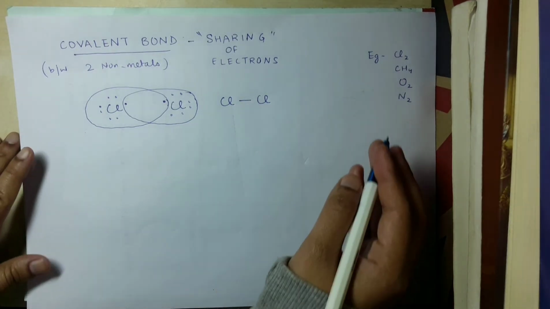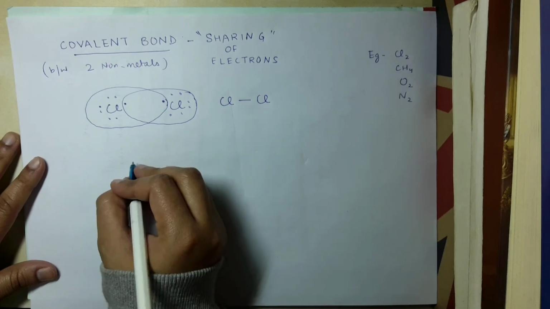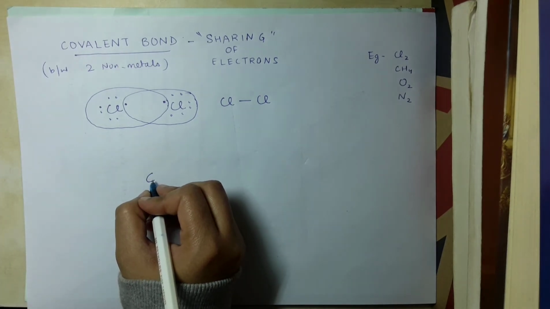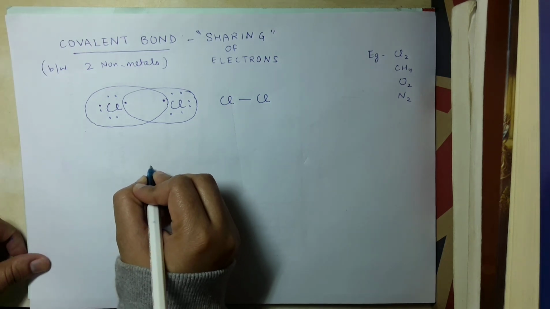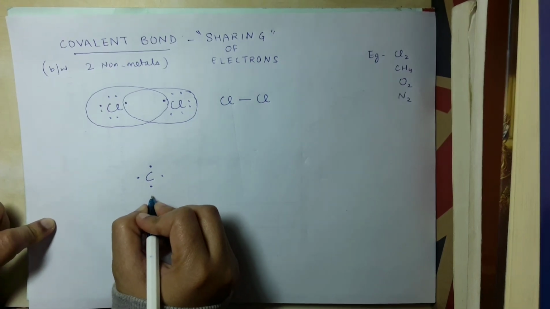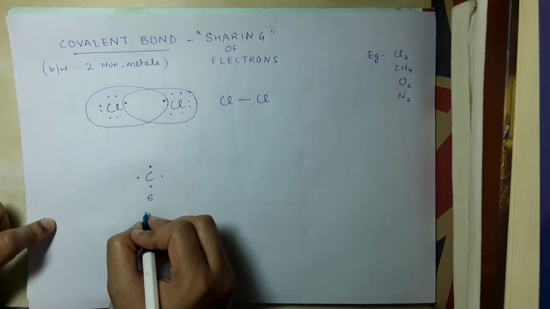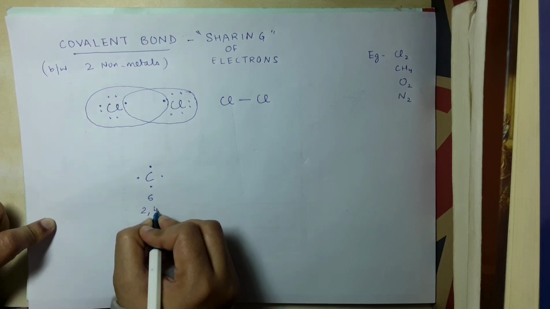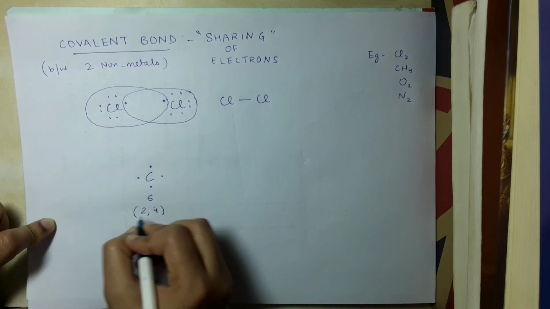Sorry, let me take one more example. I'll just take CH4. So C is basically, we just did it, right? C is 6, so in the last shell it would have 4 electrons. 1, 2, 3, 4. When I say 6, it means it has atomic number of 6 in the table that we just saw. And so the configuration is 2, 4 in the K and L shell.